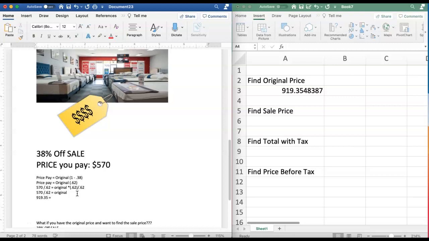Because remember, we're only going to be paying for a smaller portion of that. We're only going to be responsible for 62%. So the original price is going to be a higher amount, and we are not responsible for paying the full $919, but we only had to pay the $570.